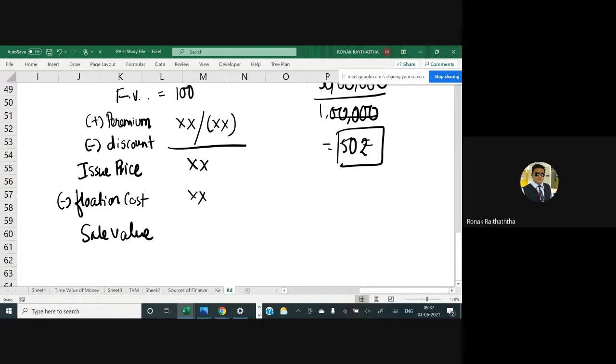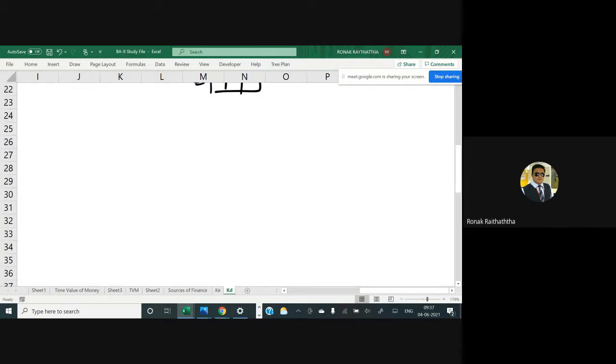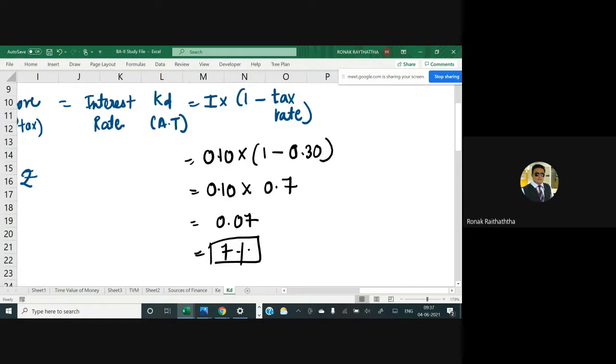That is a generally accepted practice as well. Now we have got the sell value for the irredeemable debentures, but for the redeemable debentures as well, the sell value will play a pivotal role. I used sell value for the irredeemable debenture because I was taking that formula, but for the redeemable debentures as well, it will play a very pivotal role.